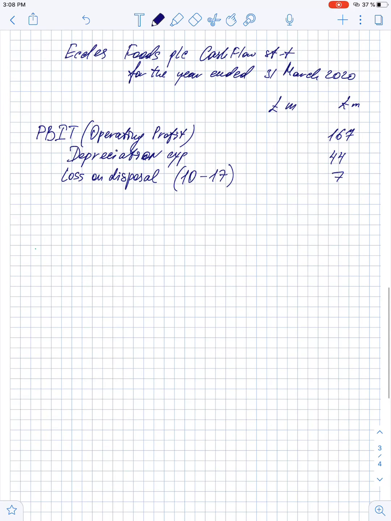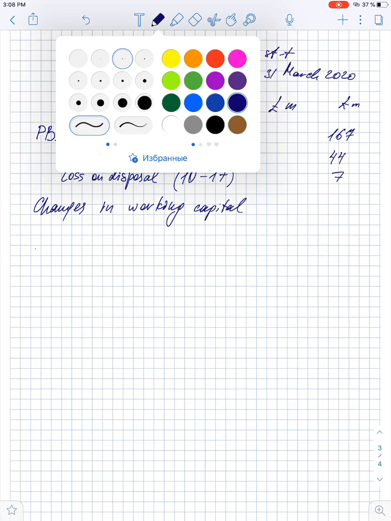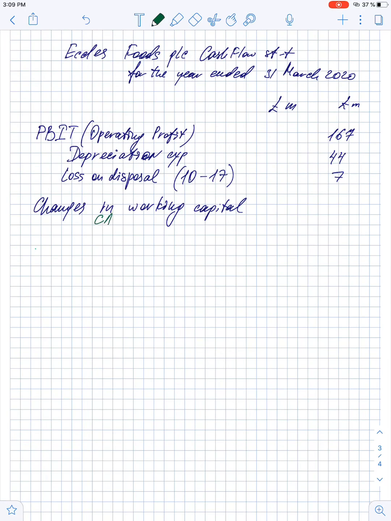We can continue with the accounting for changes in working capital. What is working capital? Working capital normally is current assets less current liabilities. So we have to consider here change in inventory, a current asset.